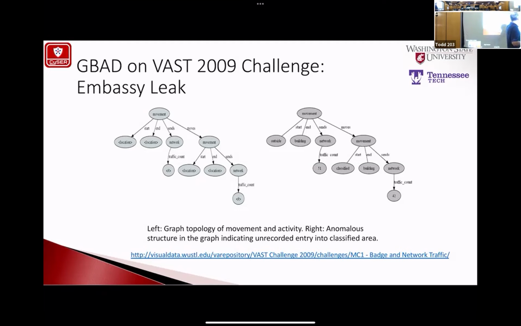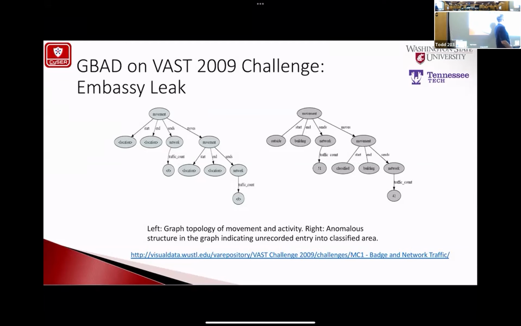Eventually we found out that there was one person who went from outside to inside the building and then suddenly was in the classified area. There's no record of them badging from the building into the classified area. They badged out, but they didn't badge in. That was the red flag.